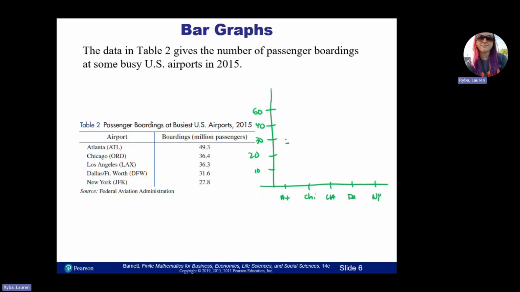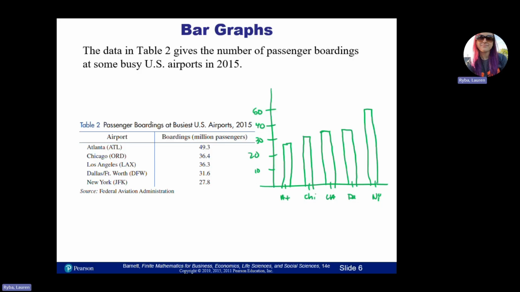So 27 is going to be about there. 31.6 is a little above 30. 36.3, about halfway between there. 36.4 should be about the same. And then 49.3 is almost all the way up to 50.